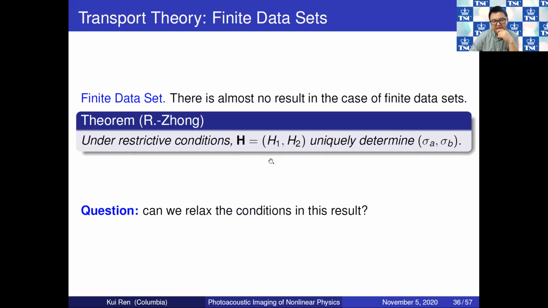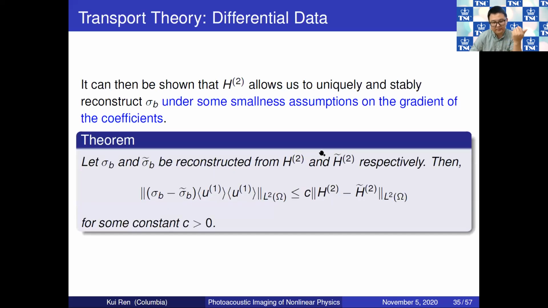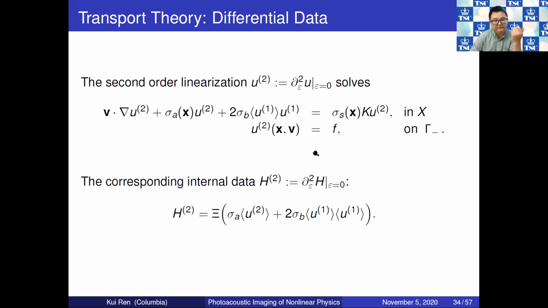It's a very messy calculation, but it shows that if you are willing to work under those conditions, there's a way you can recover sigma A and sigma B. So sigma A and sigma B are the two absorption coefficients. Yes, in the transport equation.